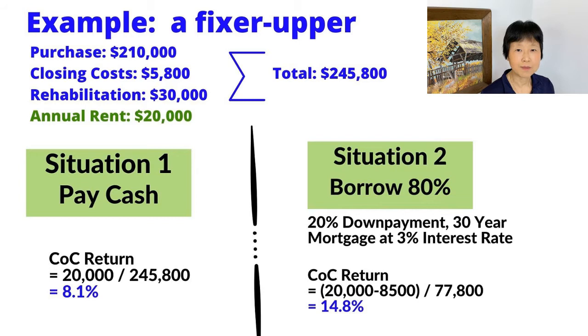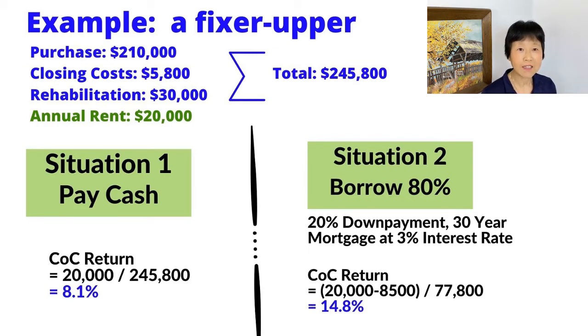Let's look at an example. I saw a fixer-upper 3-bedroom house in a good neighborhood a while ago, asking for $210,000. I did some quick estimates and feel that I have to put in another $30,000 to fix it up before I can rent it out for a return of $20,000 a year, assuming 95% occupancy rate.